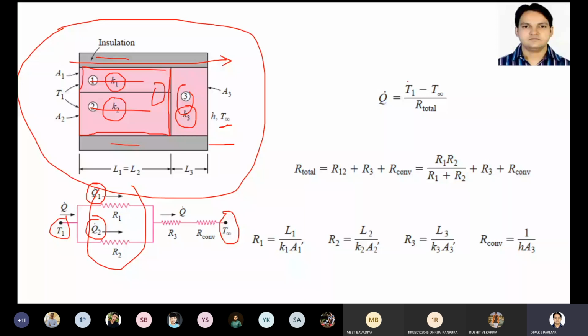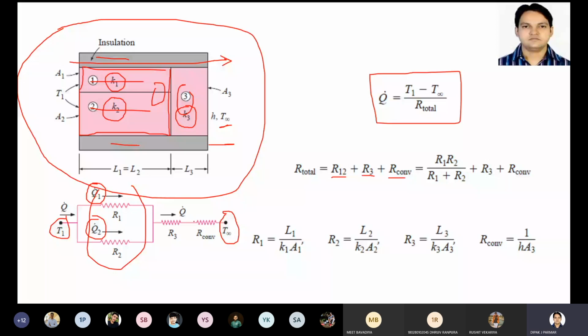So now you can understand Q dot equals T1 minus T infinity, the temperature difference on the left and right side, divided by R total, where R total is the resistance R12, the combined effect of material 1 and material 2, plus R3 in series, and fourth is R convection, where 1 and 2 are in parallel.